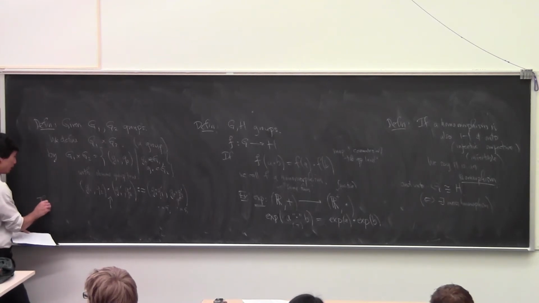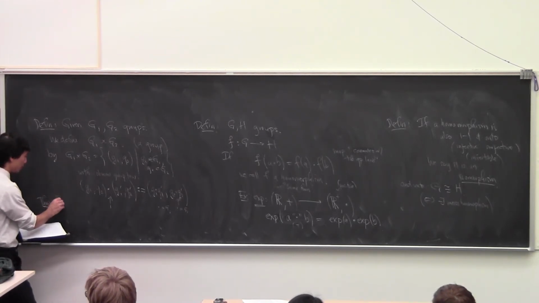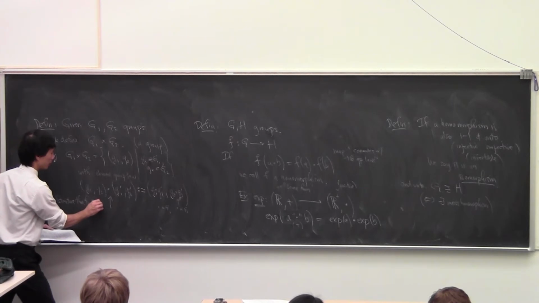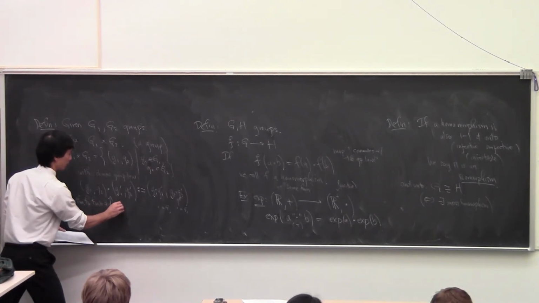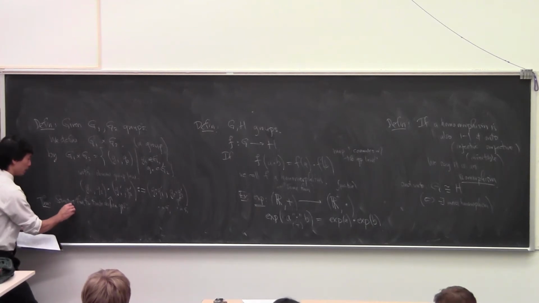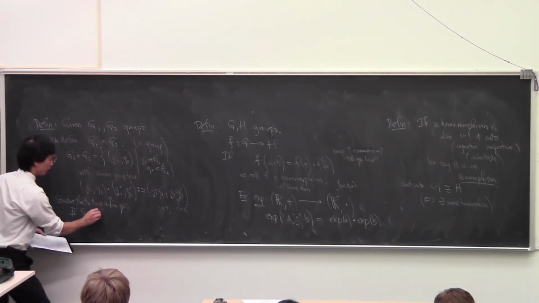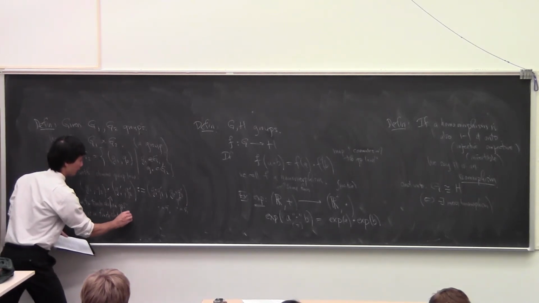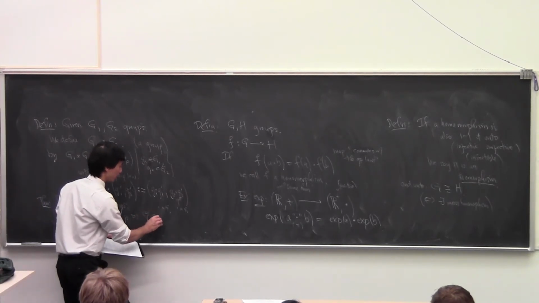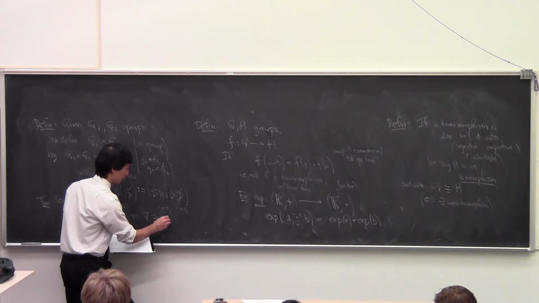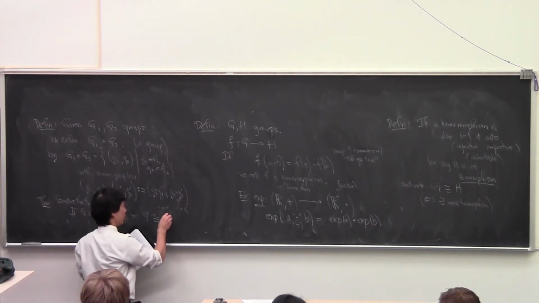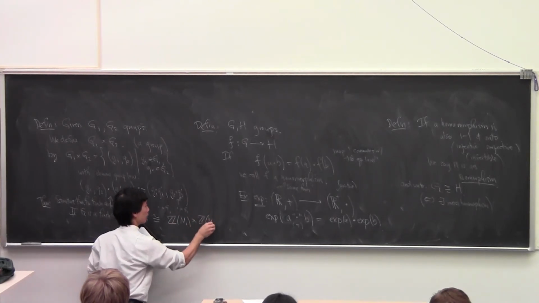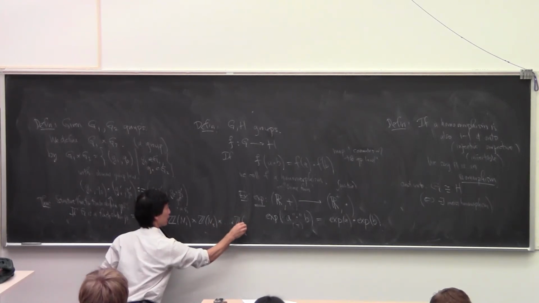And the authors, just for your edification, mention something called the structure theorem for finite abelian groups, which is this: if G is a finite abelian group, then G is isomorphic to some direct product of things of the form Zn, so Zn1 cross Zn2 cross and so on.